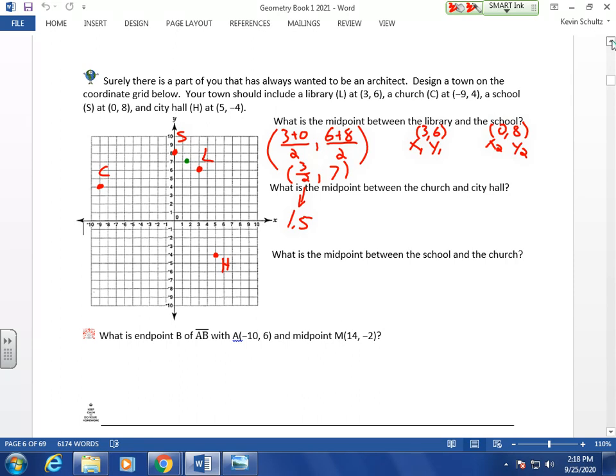Here, I'm giving you one endpoint and the midpoint and asking you to find the other endpoint. So you have to think about, how am I going to use this formula to find the other endpoint of this segment? If I know one end and the middle, how do I get that other end?